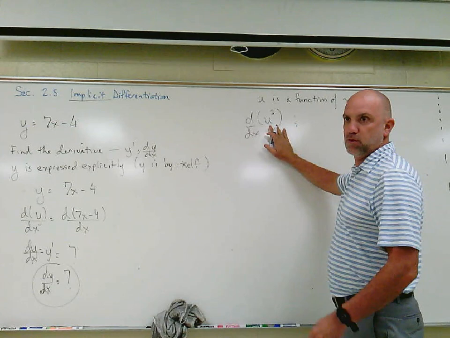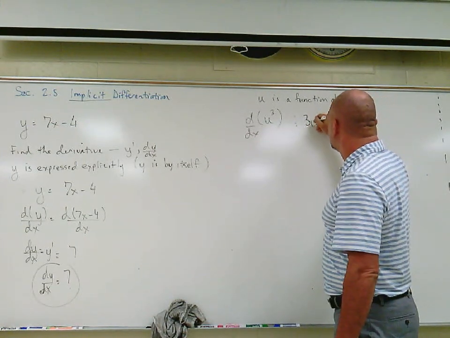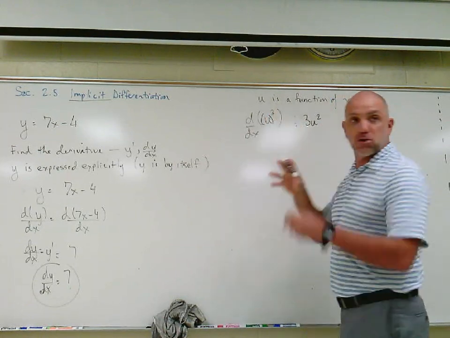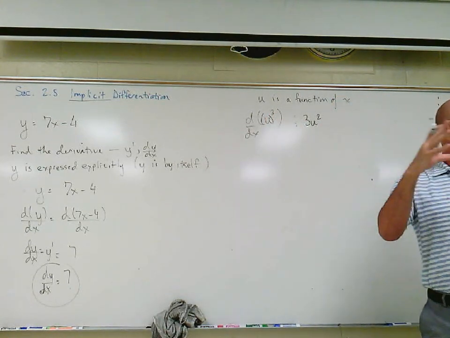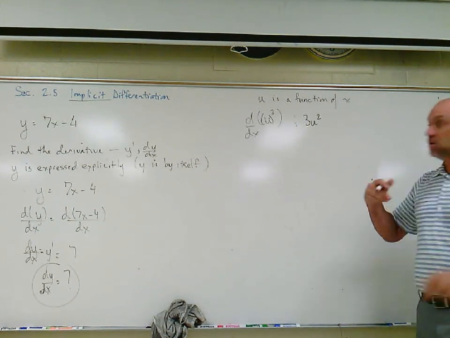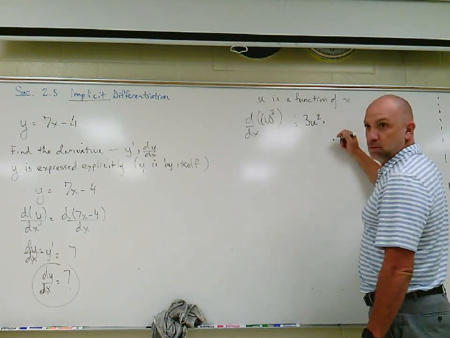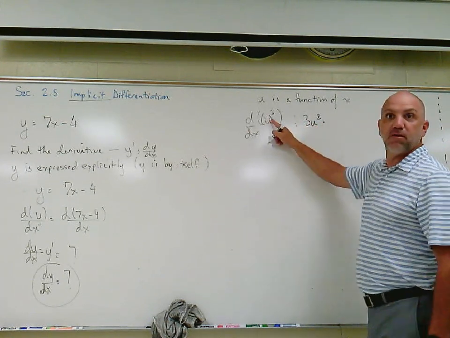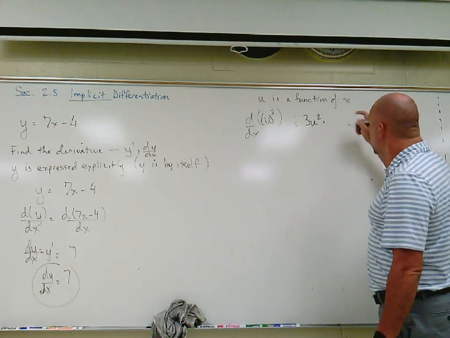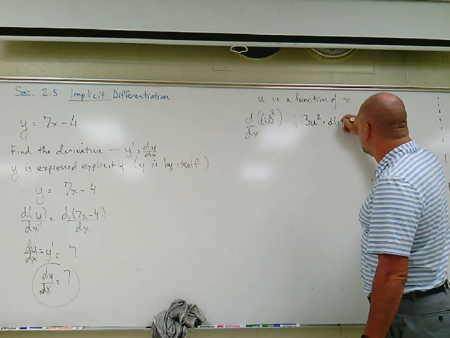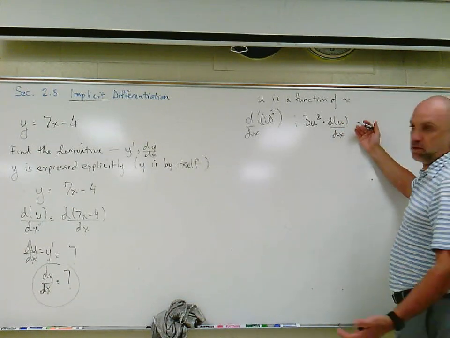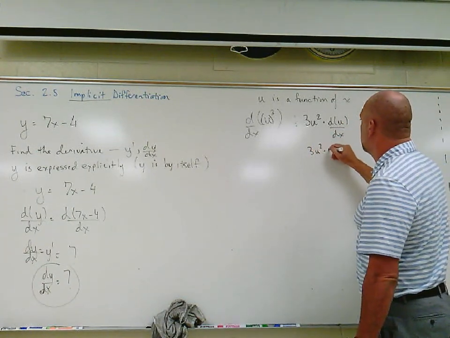So the derivative of u cubed is 3u squared, but the point is this, since this represents a function of x, it could be like a 7x squared minus 8, or it could even be a sine of x. So you have to apply chain rule. You have to multiply by the derivative of the inside. So what should be on the very end? u prime, or you can say the derivative of the inside with respect to x, which is du over dx, but we don't write that, we would just write u prime.